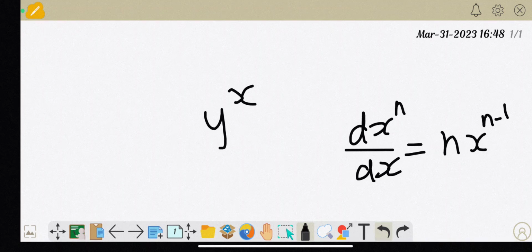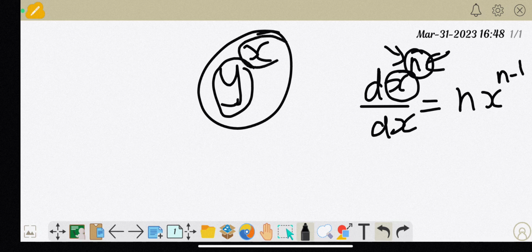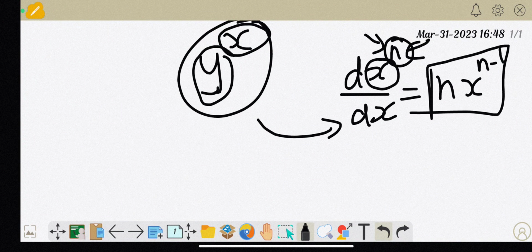Here this rule is applicable when it is x to the power some constant, so this can only be a number. Here variable to the power variable is there, so this rule is not applicable, but while writing the answer you get some form of this rule, plus some other term.